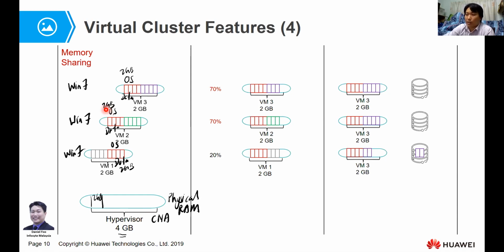With operating system data optimization, in a lot of enterprise environments, they might be deploying hundreds of virtual machines using the same operating system version. From there, you can save a lot of RAM memory space with this memory sharing.